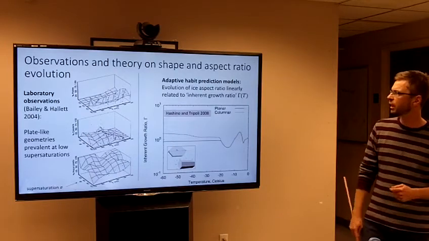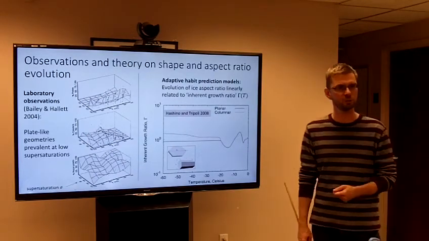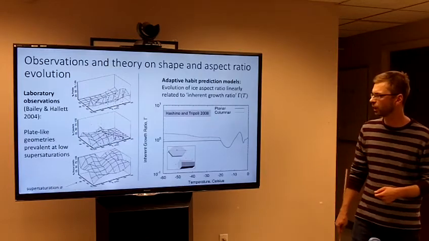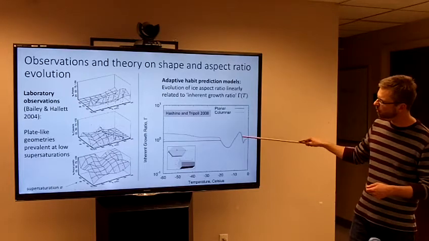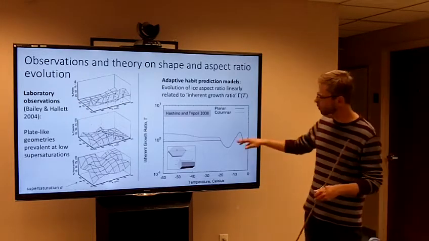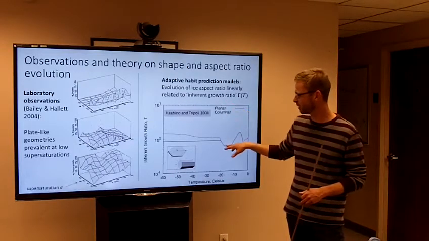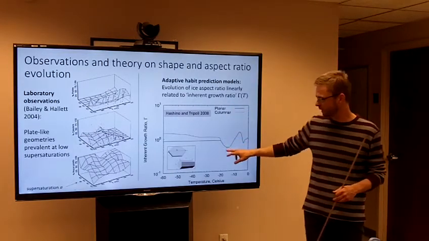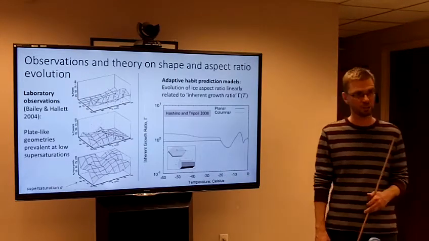But it's used in models that try to predict the aspect ratios at different temperatures and also different humidities. And the most robust thing, I think, of these inherent growth ratio curves is this dip around minus 15 degrees Celsius.